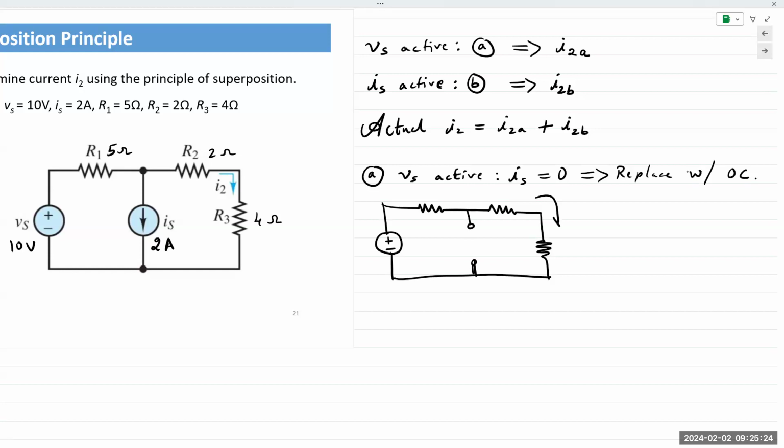And I have I2A coming down. This is R1, R2, and R3. So right here, you can see an advantage or the purpose of applying superposition. What is the relationship between R1, R2, and R3?